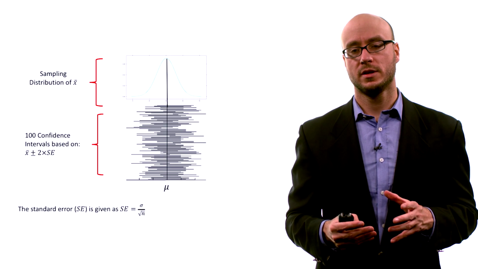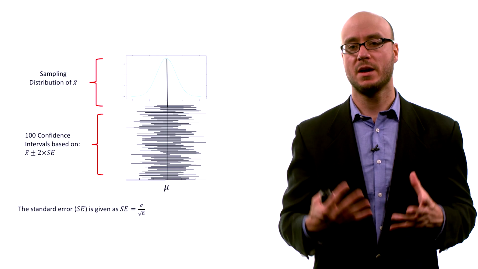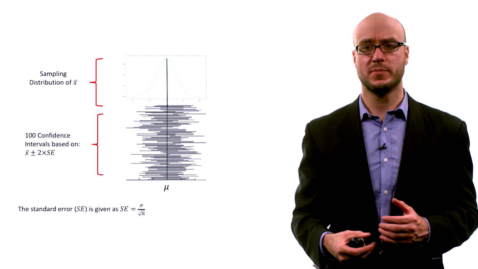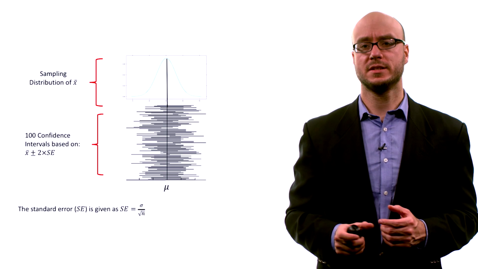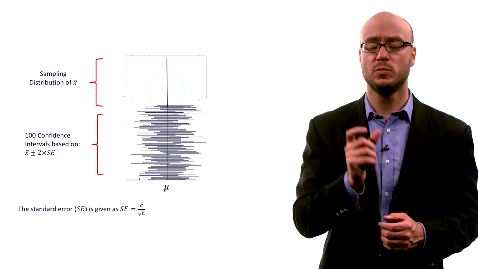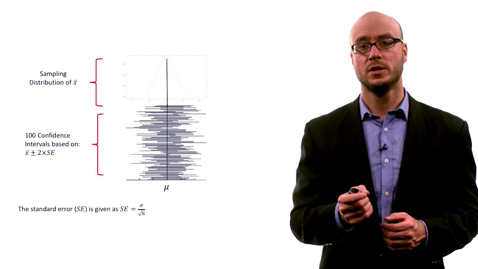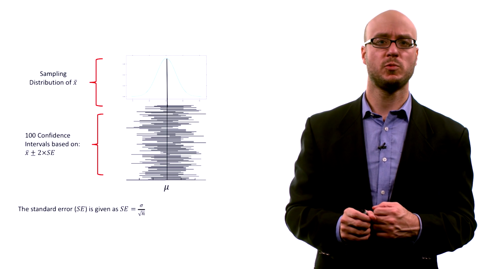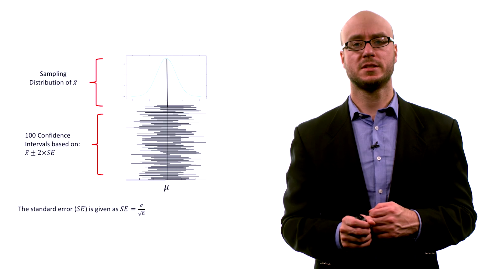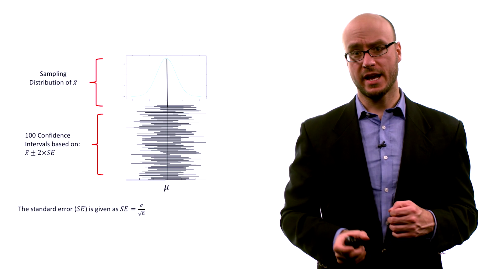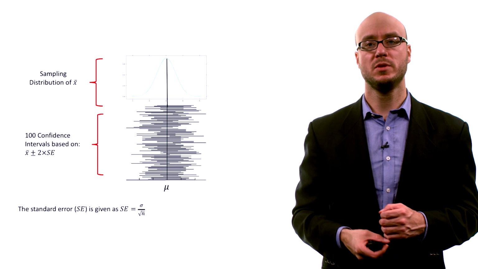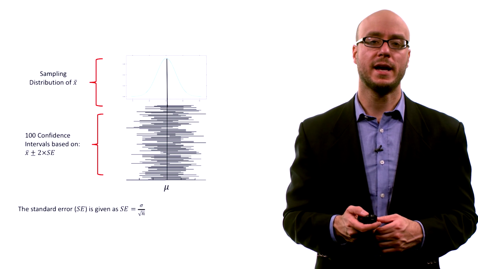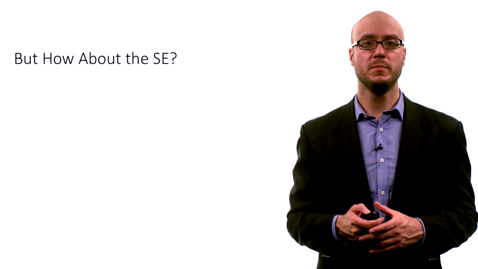But in general, because here we're constructing approximate 95% confidence intervals, we'd expect about 95% of these interval estimates to capture the true population mean mu. So you can see about 95% of these 100 or so interval estimates, or confidence intervals, contain that true population mean mu, which is denoted by that vertical black line marked by mu.